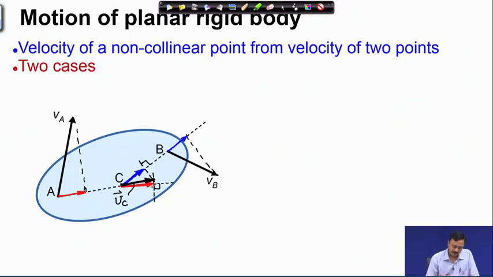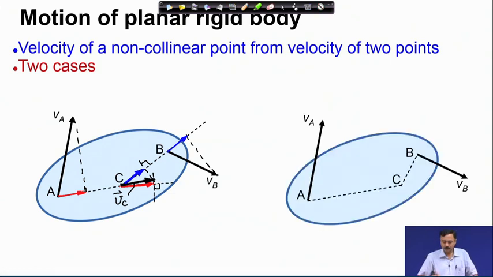This black vector must have projection along AC as the red vector and projection along CB as the blue vector. So, we have this construction. Let us move on.